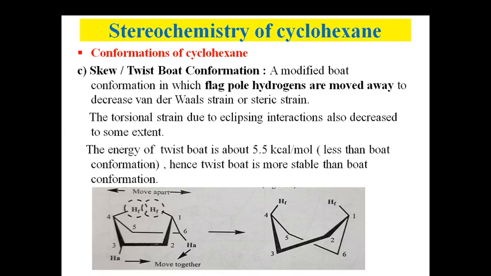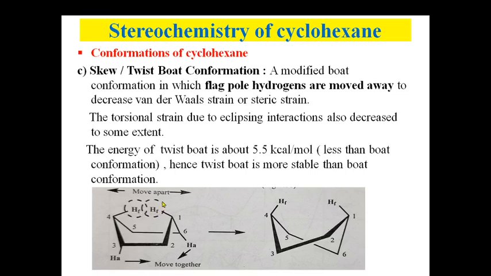Skew or twist boat conformation. It looks like a boat again, but it is a twist boat. Now why is that twisting there? Here we have just seen that flagpole hydrogens are present, so they are repelling each other. Okay, so the energy of the molecule increases.